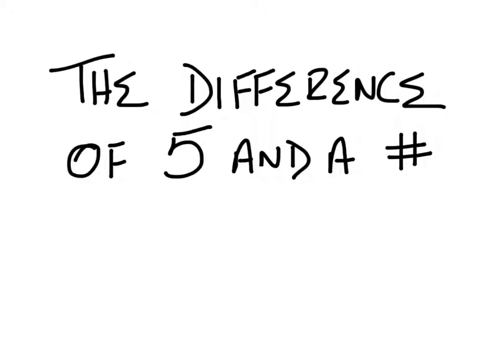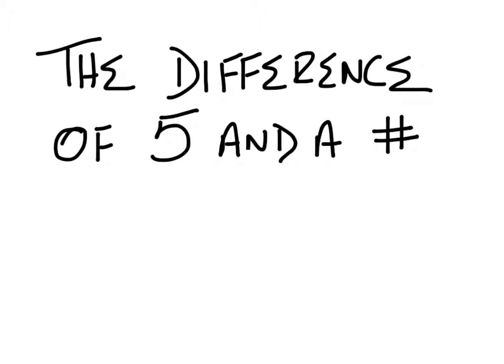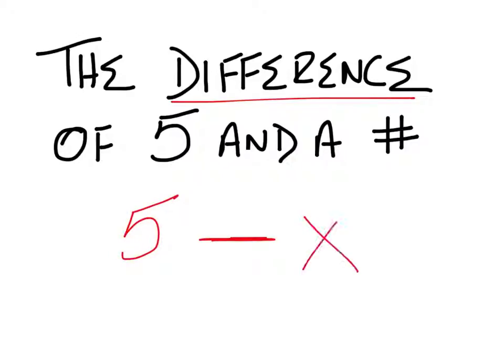What operation is difference? Subtraction, yeah. So it's going to have to be subtraction. What do I put first? 5 and then minus what? That's right. The difference of 5 and a number is 5 minus X. And whatever comes first is what's written first in the difference problem.